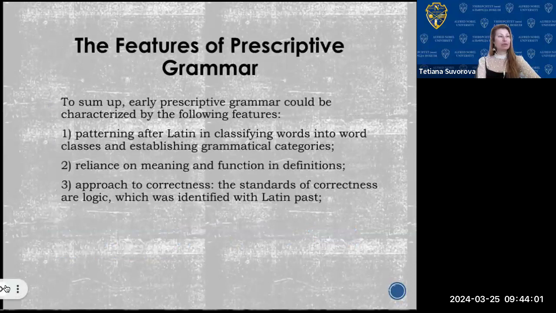The features of prescriptive grammar, just to sum up and move to our theoretical aspects: patterning after Latin in classifying words into word classes and establishing grammatical categories. That is why now we can observe in different prescriptive grammars different recommendations on how to treat one and the same grammatical structure, for example, syntactical.